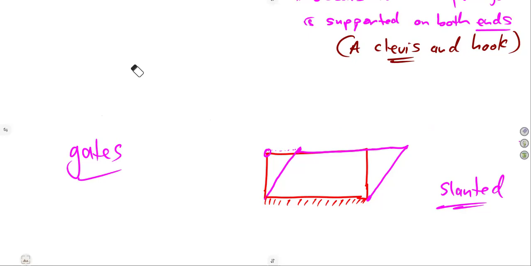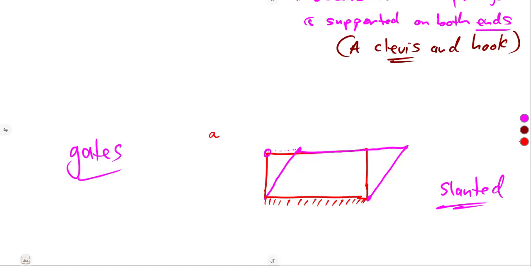A rectangle to a parallelogram, we can consider that as the best example of a shear. A square to a rhombus, best example again of a shear.